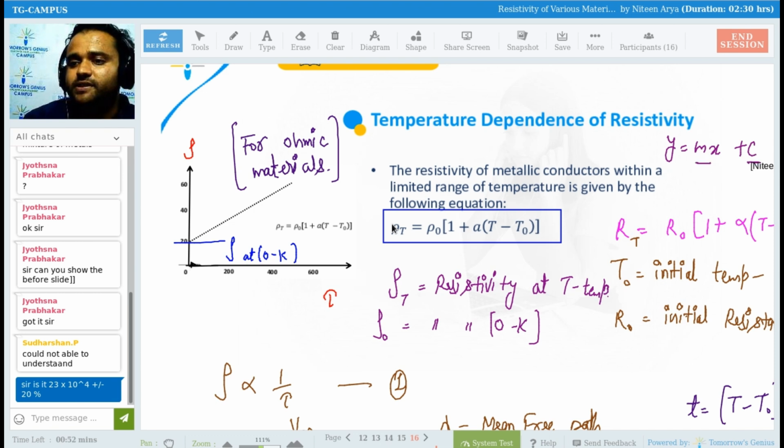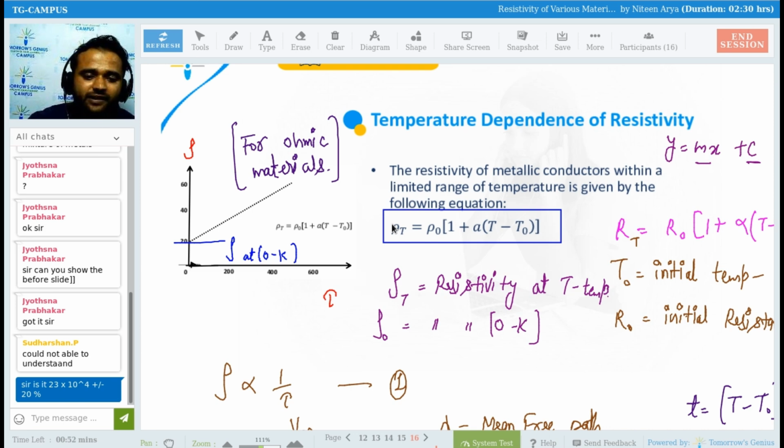So m is the slope, c is the constant, you can say intercept, if I'm not wrong in the proper mathematical term. So that is your intercept, and that is how we can understand this relation. Is this clear, everyone?